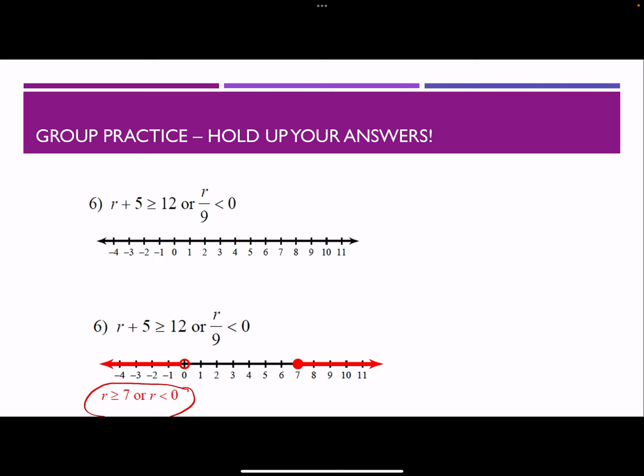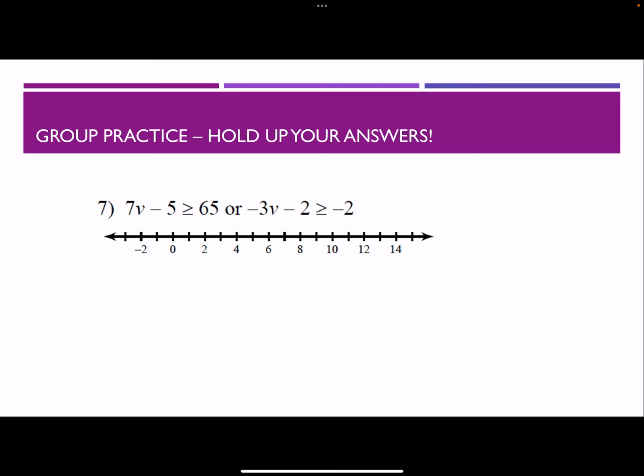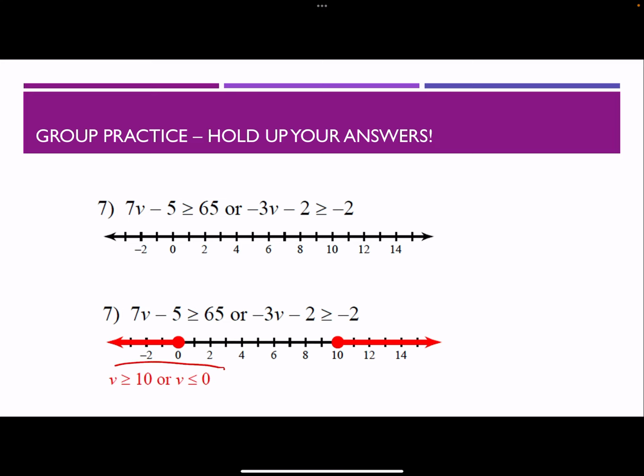And then I think we have 2 more. So again, copy the problem down, pause the video, try this problem, solve it algebraically and then graph. And then now when you unpause, check your answer. This is your answer algebraically. That's what you should get, and then the matching graph.